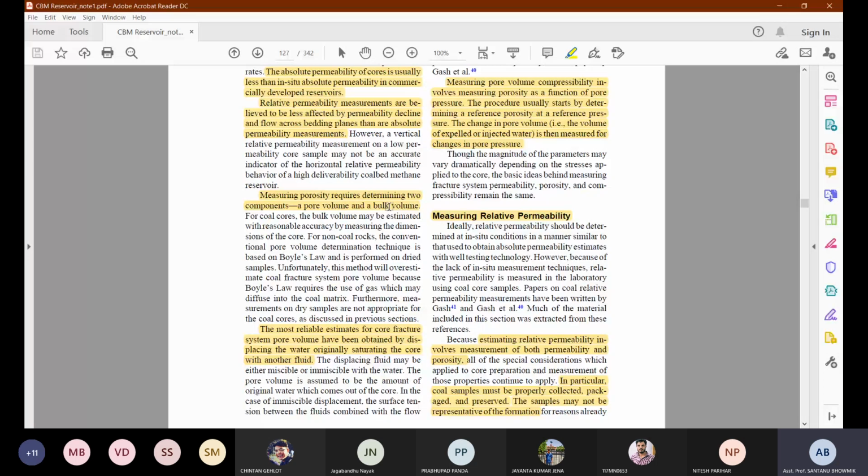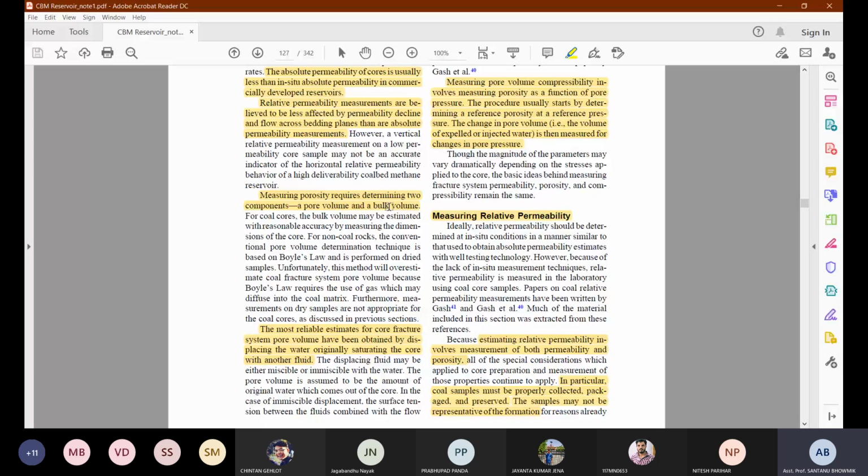So helium's kinetic diameter is much less than both carbon dioxide and methane. Now you can visualize that if I measure the pycnometry by helium, I get the porosity of the coal measured by helium gas with 26 nanometer diameter, but then I use this porosity for methane or carbon dioxide, which have kinetic diameters of 38 and 33 nanometer respectively, both higher than helium.